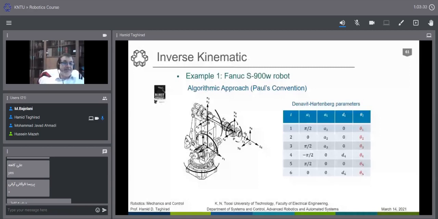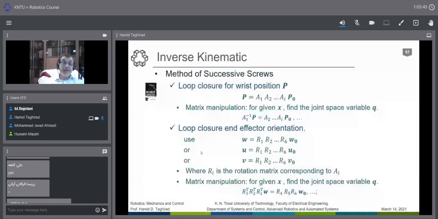It is very, very interesting that if we use the screw, a successive screw, we have not saying much simpler, but we have simpler solution for inverse kinematic.